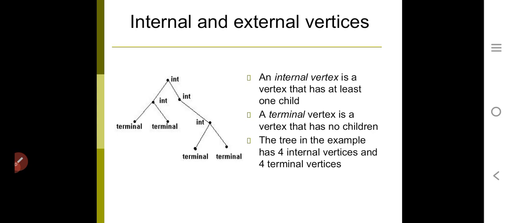From the diagram, we have to count how many internal vertices and how many external vertices there are. In the diagram, there are 4 vertices with degree 2 and 4 vertices with degree 1. So there are 4 internal vertices and also 4 external or terminal vertices.